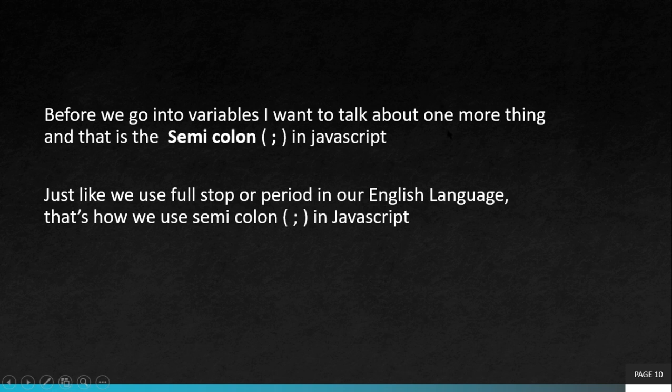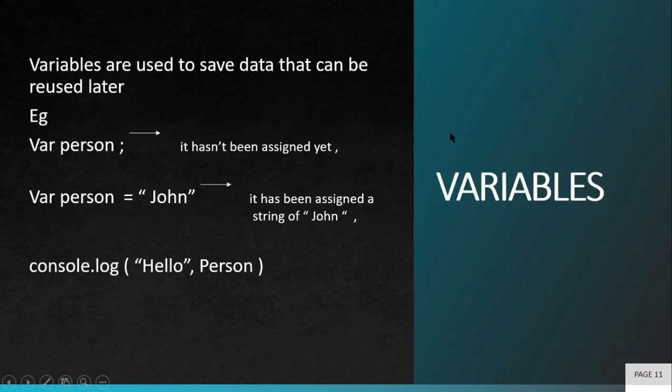All right, so let's go into variables. What are variables? You can think of variables as containers that are used to save data, or store data that will be reused later. So now I'm giving an instance here.